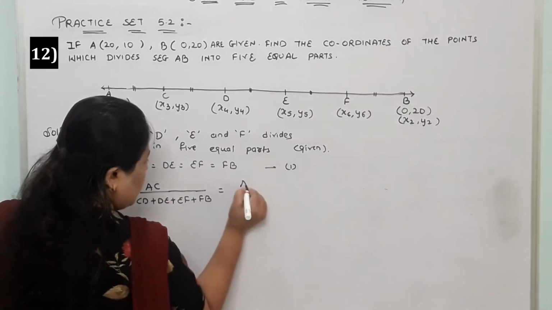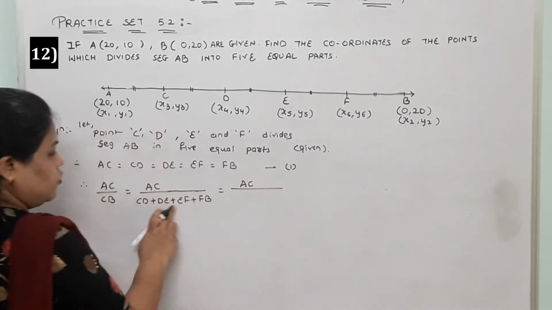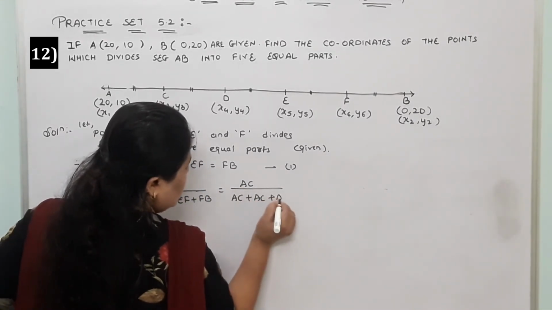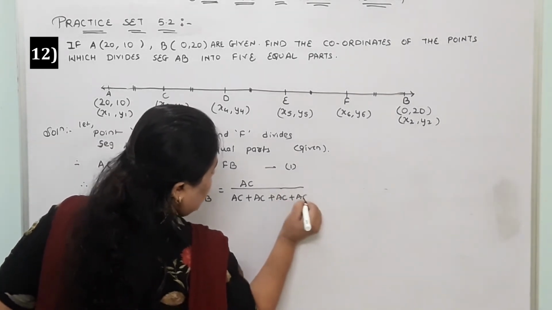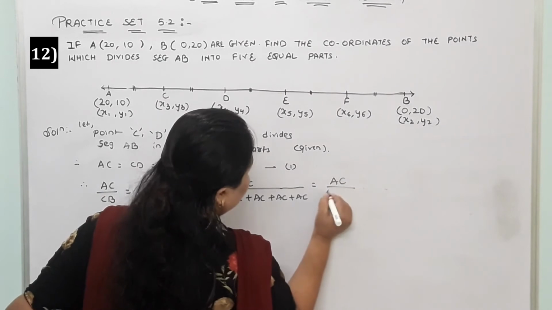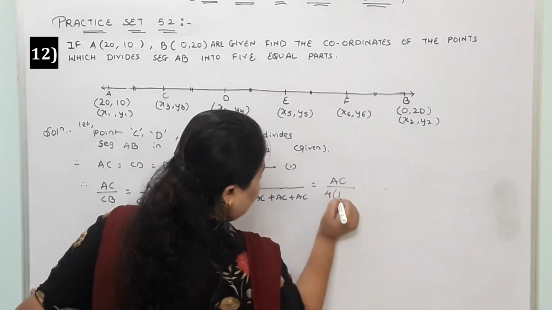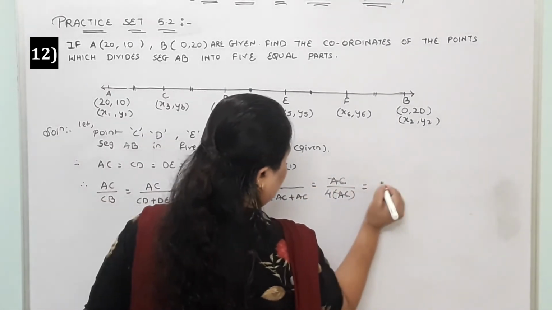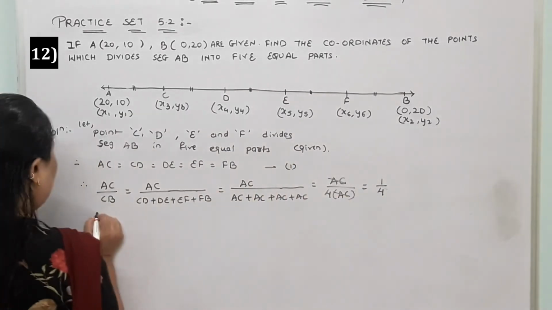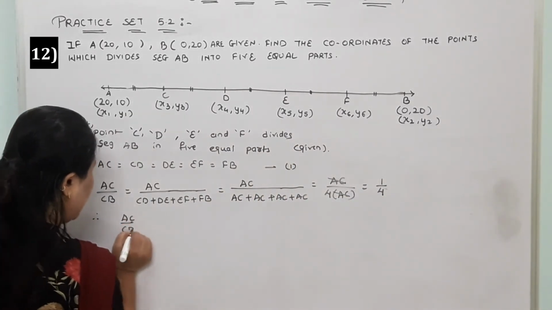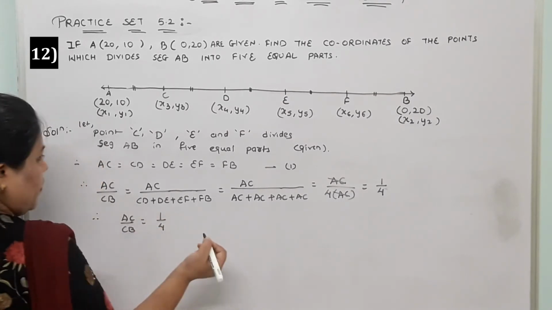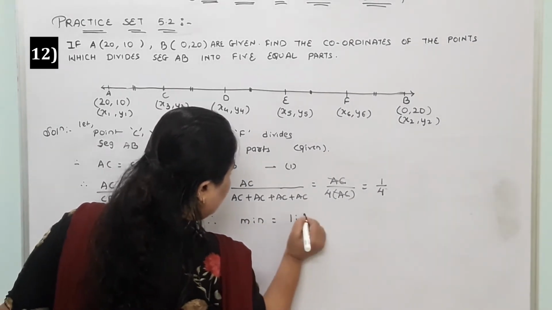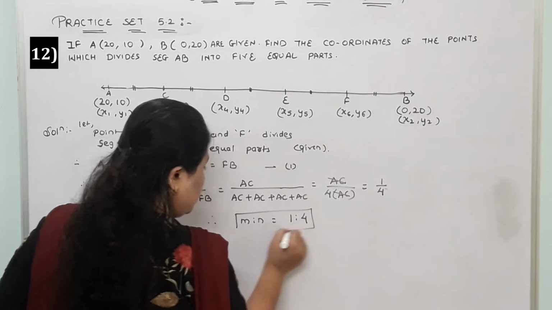So we can write 4 times AC, that is AC plus AC plus AC plus AC. So AC upon 4 AC. Okay. So AC and AC will be cancelled, ratio will be 1 upon 4. Therefore, if AC upon CB is equal to 1 upon 4, therefore m is to n is equal to 1 is to 4. This ratio we got.